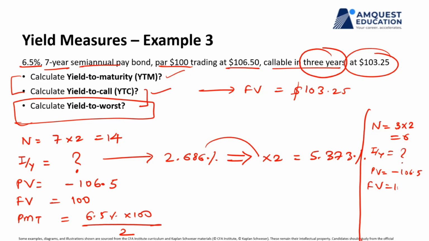Face value 103.25, because this is where the bond will be called, and PMT will remain the same, 6.5 by 2. And whatever number you get, obviously multiplied by 2, you should get 5.1496%. 5.15%, let's put it this way.